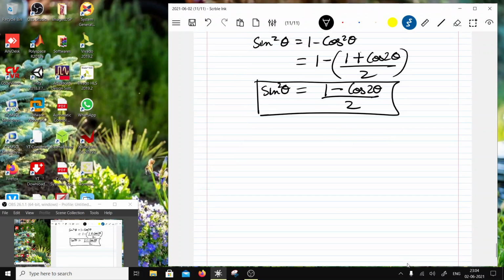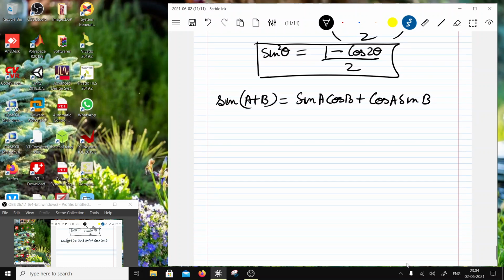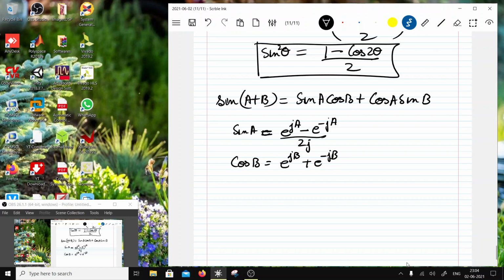So I have to see what sine of a plus b is, which is equal to sine a cos b plus cos a sine b. And I know that sine of a is equal to e raised to ja minus e raised to minus ja by twice of j, and cos of b is equal to e raised to jb plus e raised to minus jb by 2.